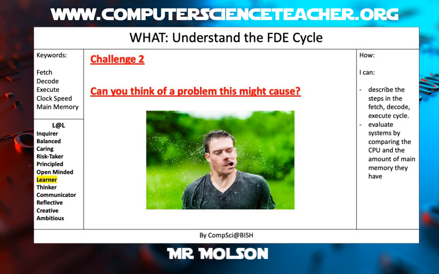Let's think about this. We've just discussed the idea that the faster a processor runs, the hotter it gets, and that means that people have to spend time thinking about how they're going to cool the CPU down so it doesn't get too hot. In a desktop, that's really easy to do because you've got lots and lots of room. You can put really big fans in, and you can make it really easy to cool the CPU.